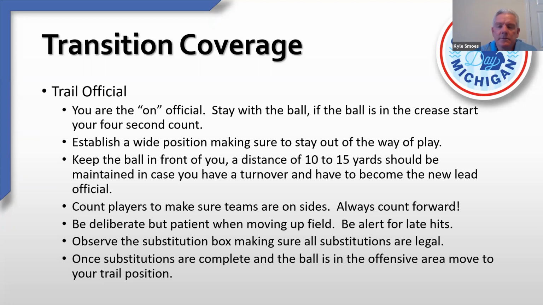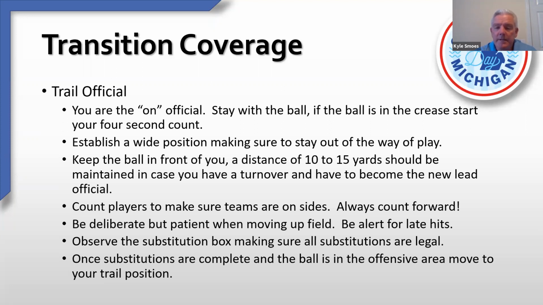You want to establish wide position so you can stay out of the way of the players. And you're going to move your way up the field. You don't need to be in a hurry. Rarely will you ever find yourself sprinting as a trail. Even on a fast break, you're still going to be very deliberate on the way you come up.